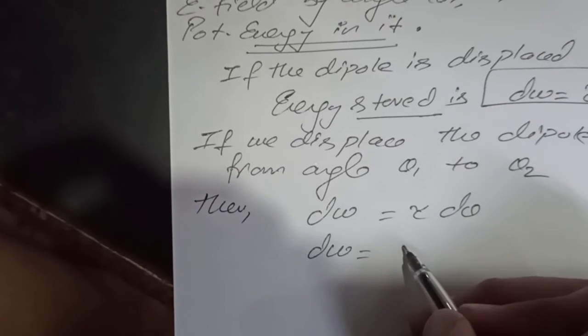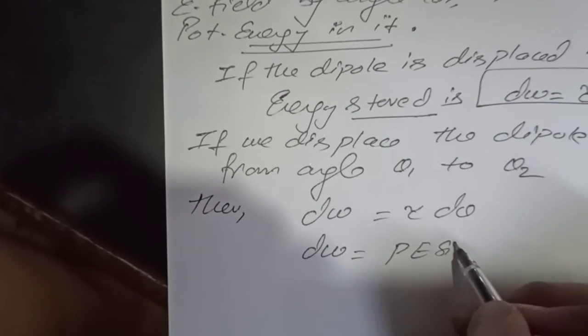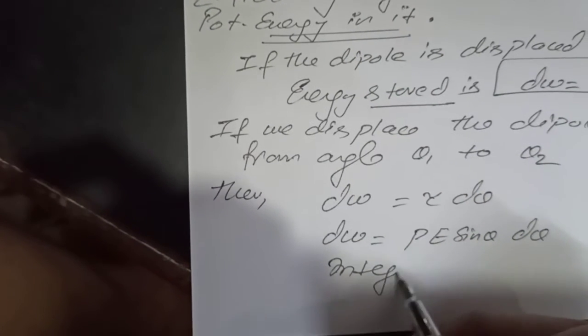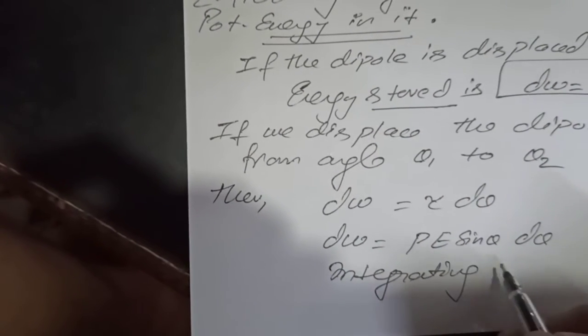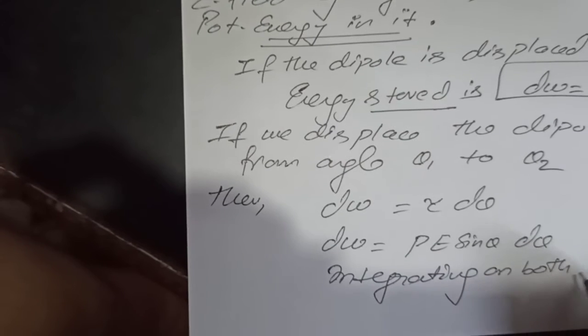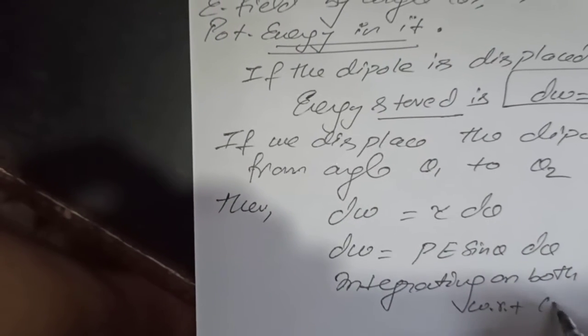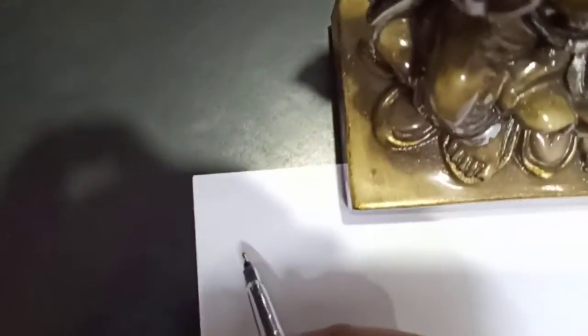Using the formula of torque, dW is equal to PE sin theta d theta. Integrating on both sides with respect to theta, from limits theta 1 to theta 2.